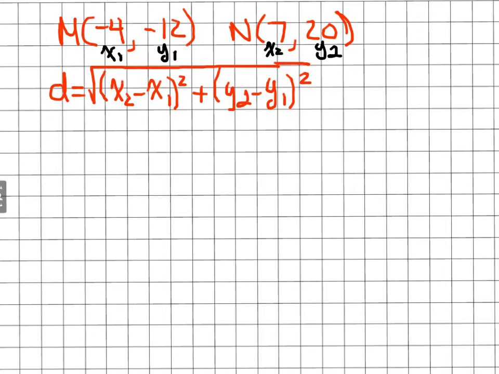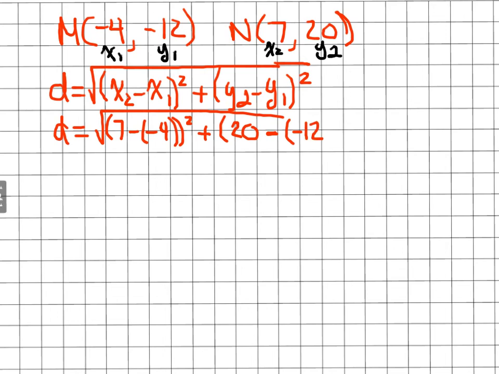Alrighty, so substituting in, we have distance is equal to the square root of 7 minus negative 4 all squared plus 20 minus negative 12 all squared, and I have to make sure that I extend my square root sign along so I don't make mistakes later on.